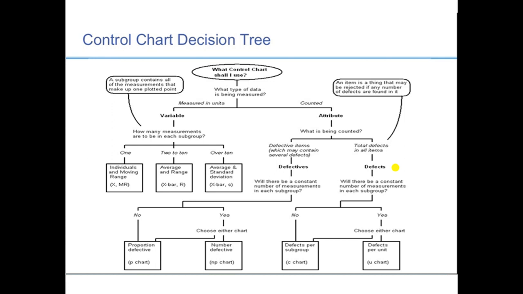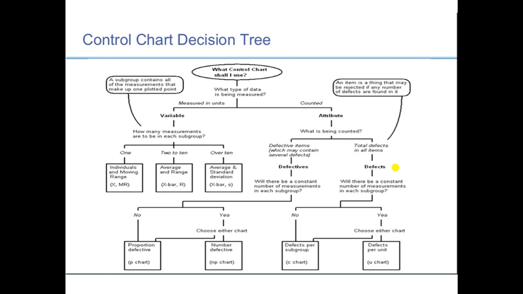Now let us come to the control chart decision tree. The first question is, what control chart shall I use? The question is followed by, what type of data is being measured? It is measured in units, so it is either continuous data or discrete data.